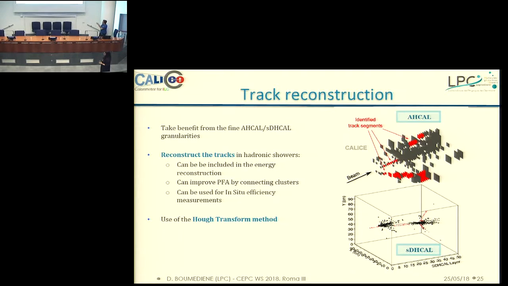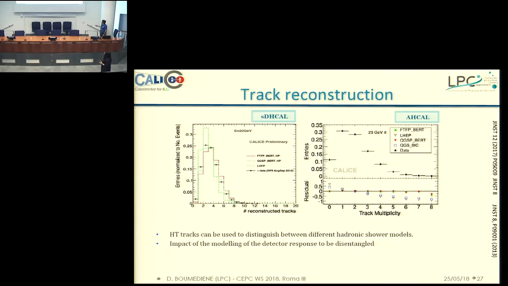Obviously, it's easier to reconstruct tracks if you have fine hits. And you see it from here, if you compare the multiplicity of the tracks, because these are comparable showers, and these are the tracks reconstructed in the SD-HCAL, and these are the tracks reconstructed in the AHCAL. And you always have, it's natural, fewer tracks in the AHCAL than in the SD-HCAL. And this is really due to the segmentation.